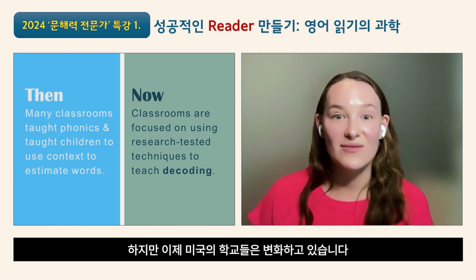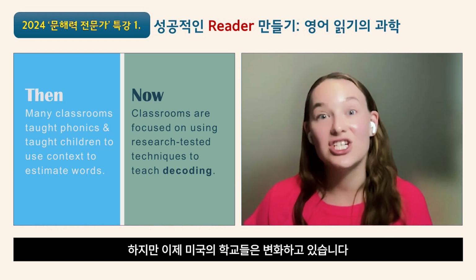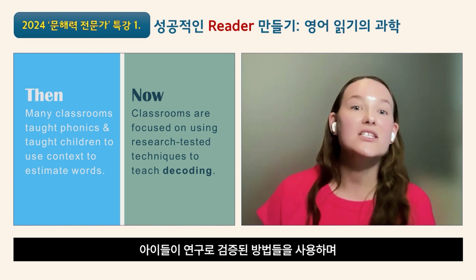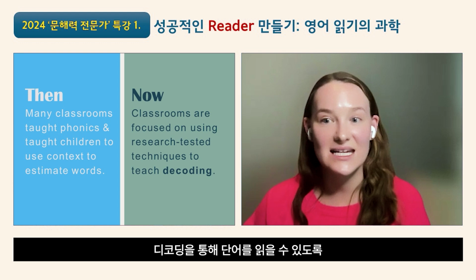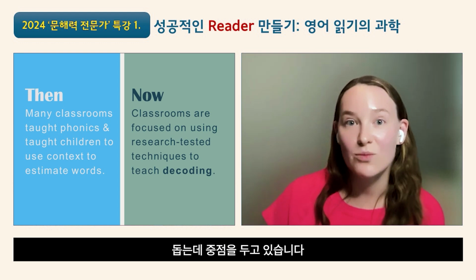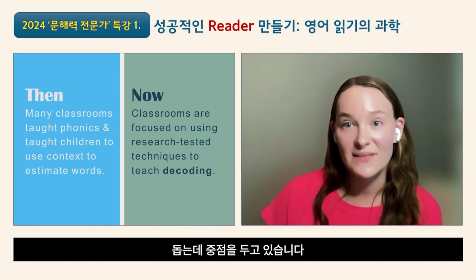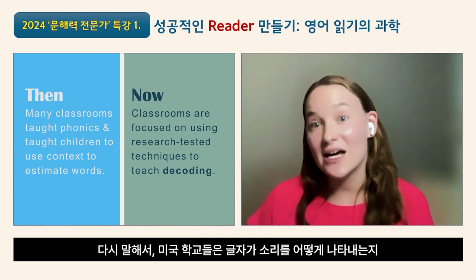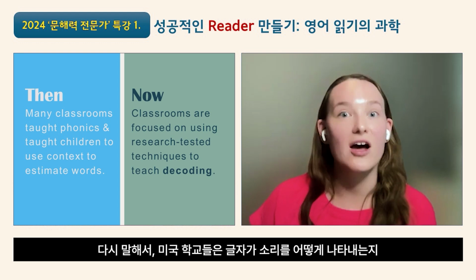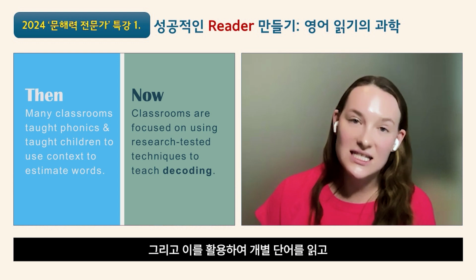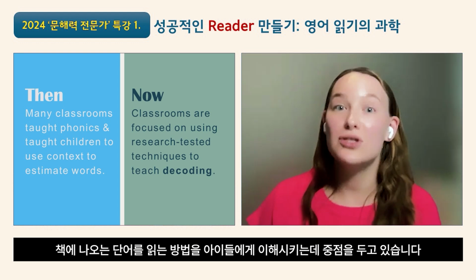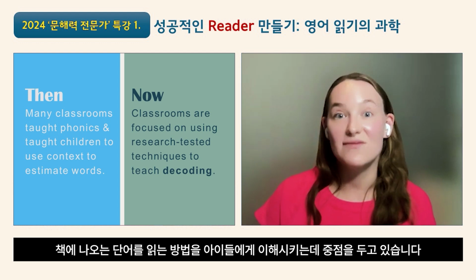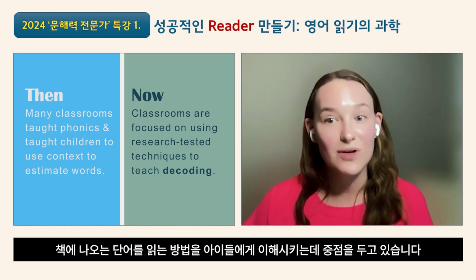Now in the US, however, classrooms have shifted and are focused on using research-tested and research-proven techniques to help children read words via decoding. In other words, classrooms in the US are focused on having children understand how letters represent sounds and how to use these to read individual words and to read words in books.